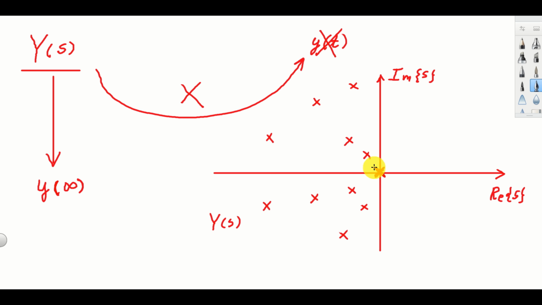Only a single pole at 0 is allowed, and all the other poles should be over here. We cannot allow poles on the imaginary axis. So all the poles should be strictly in the left half of the complex plane. If that's the case, then you can apply the final value theorem.